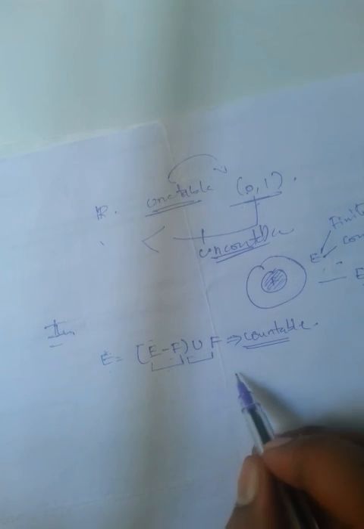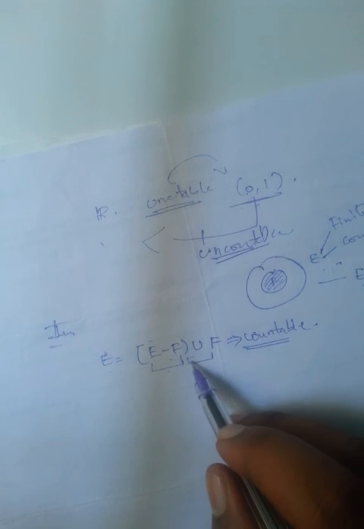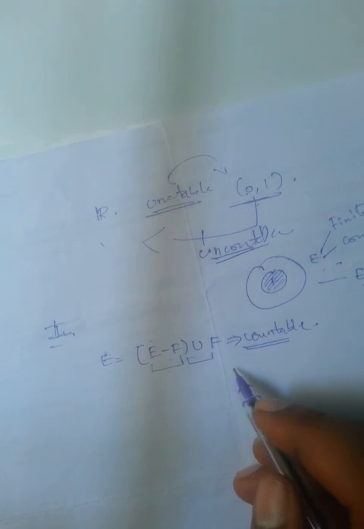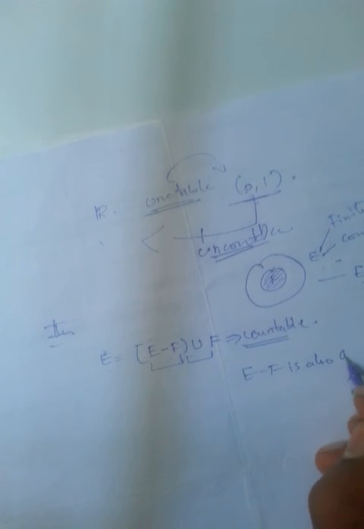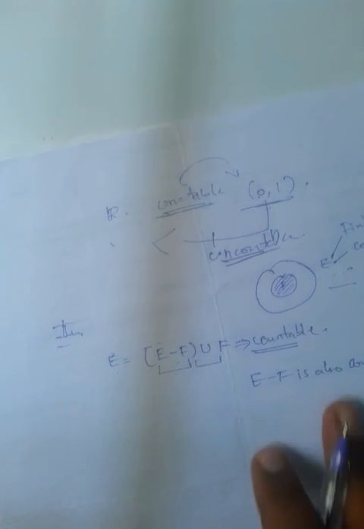Previously we have proved that a countable union of countable sets is also countable, so we get that E minus F is also countable.